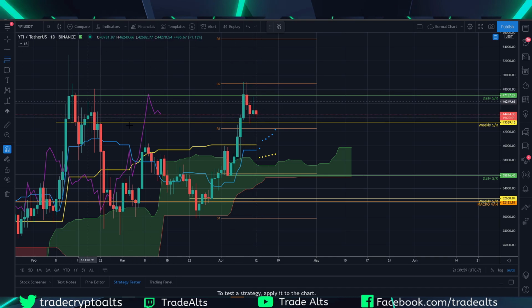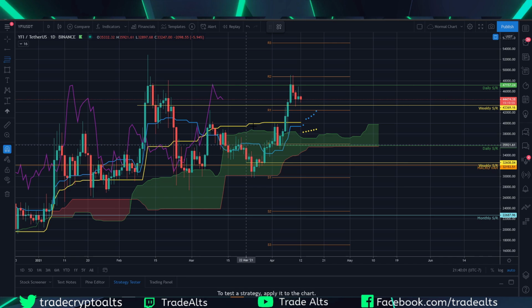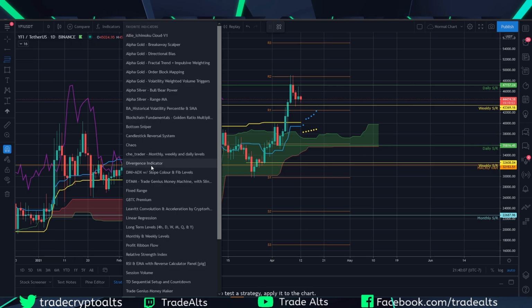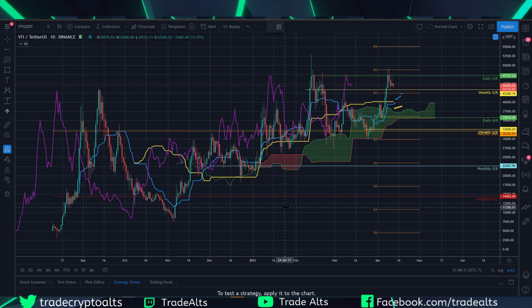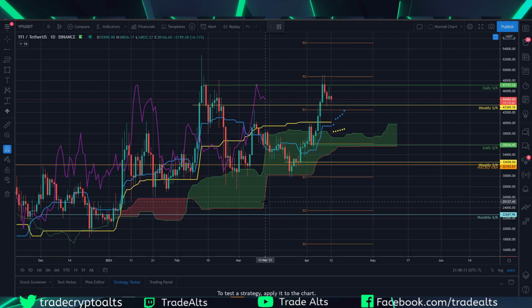I could pull some value area levels by chance. I guess I will. Why not? We're here. Zoom out a bit. That would be the whole thing here.